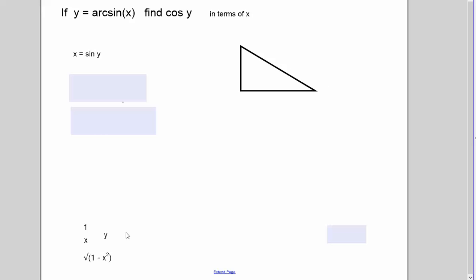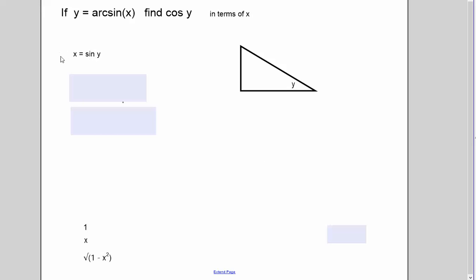So how do we do that? Well, first of all, let's do the inverse of that. So if y equals arcsine x, then x must be equal to sine y. Now, sine y means that the y is the angle in our triangle. So I'm going to put that y into there.